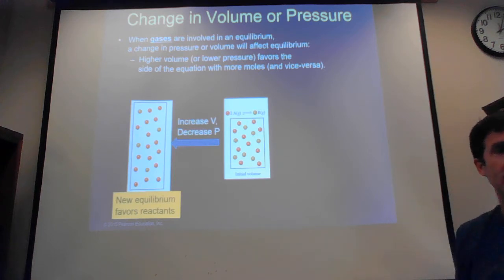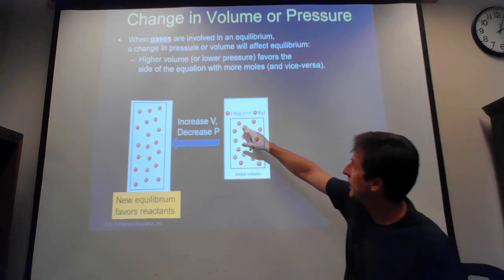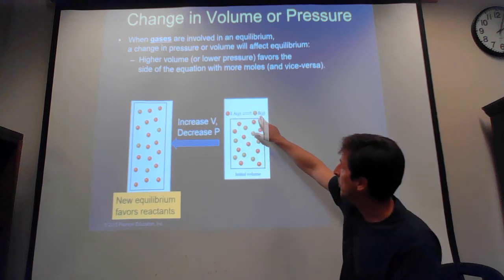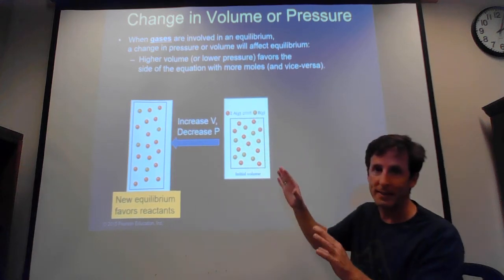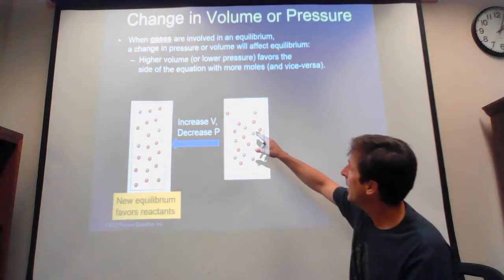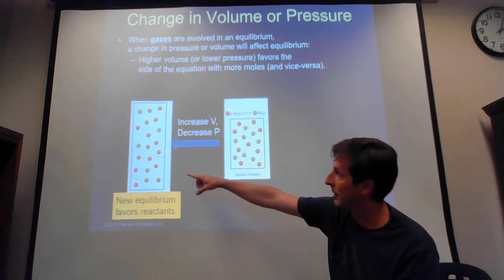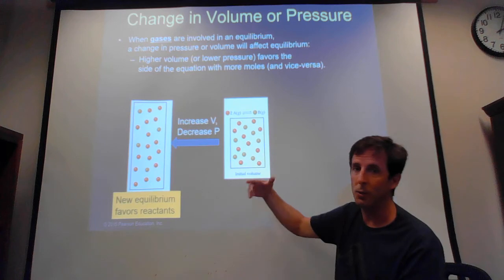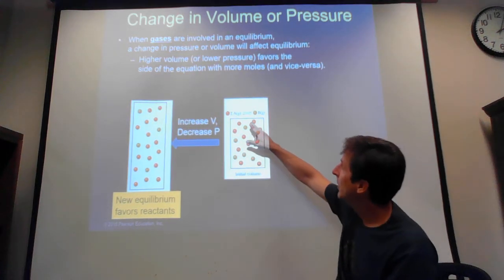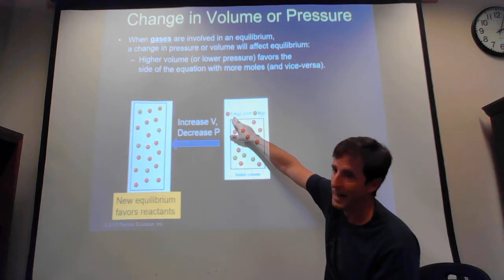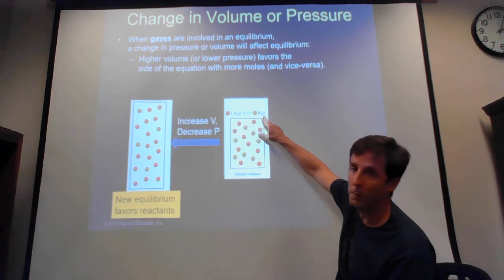Okay? So in this equilibrium, my reaction is 2A yields B. Both are gaseous molecules. So if I increase the size of the container, which is what I did over here, the reaction will shift toward the side where there's more moles. Well, on the left side, there's 2 moles of gas. On the right side, there's only 1 mole of gas.